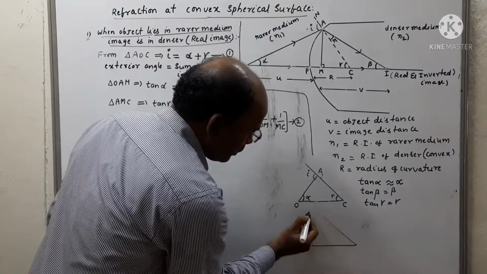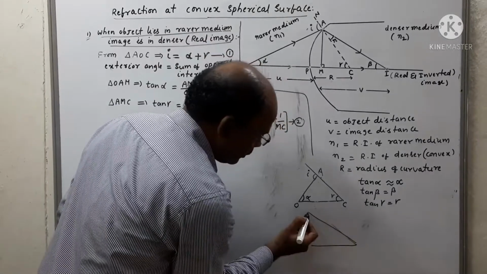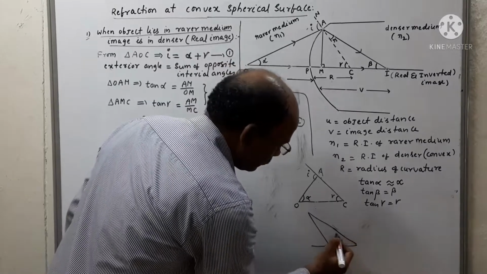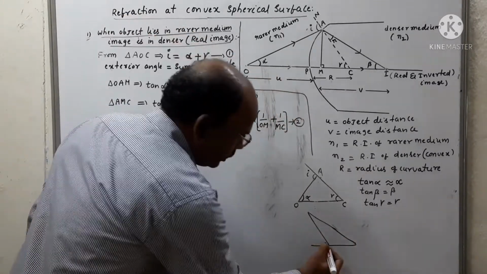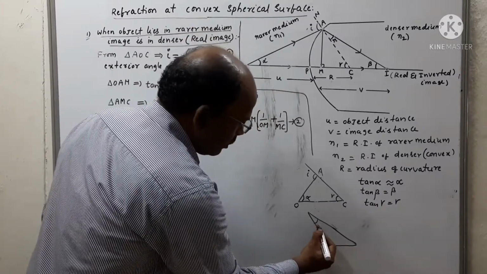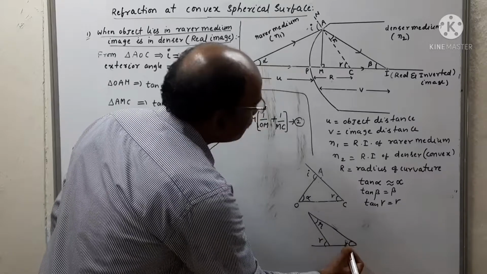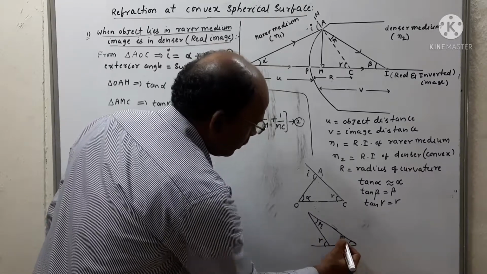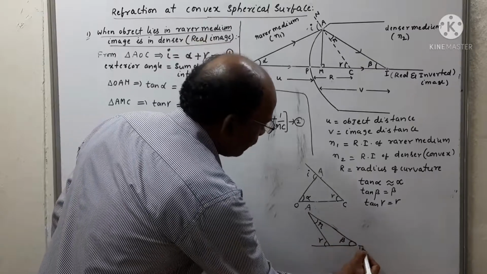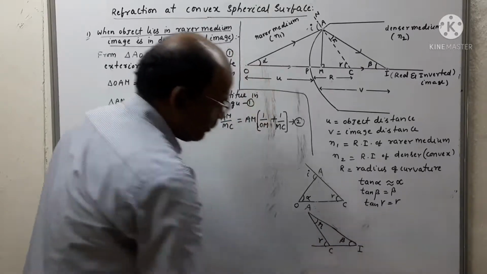So this is the second triangle like this. So this is gamma and this is angle of refraction. This is equal to beta. So this is A and I, this point is C.